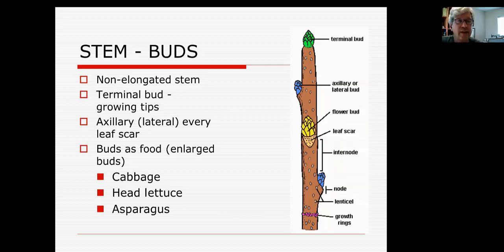But with stems, the other thing I wanted to mention on growth, similar to the root, up here at the tip, this terminal bud, that's where your area of mitosis is. This is where new cells are being formed. And then as they start to grow, they elongate, and this bud keeps moving up, and these cells elongate, and then they start getting jobs and they mature, just like in the root.